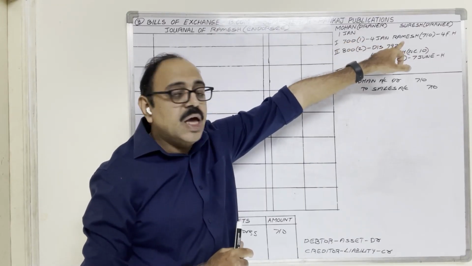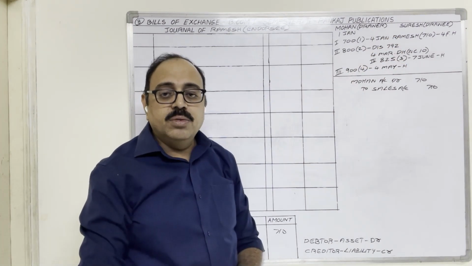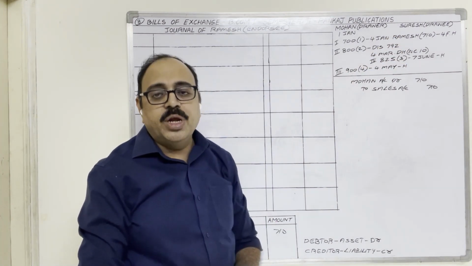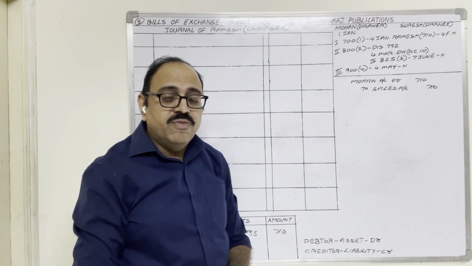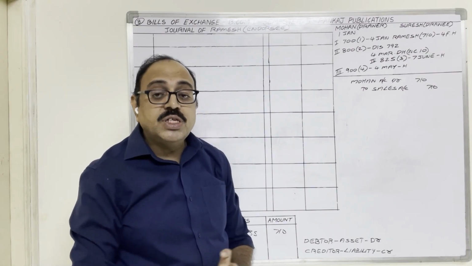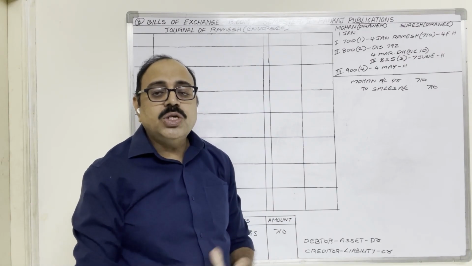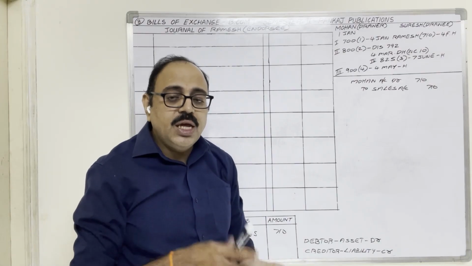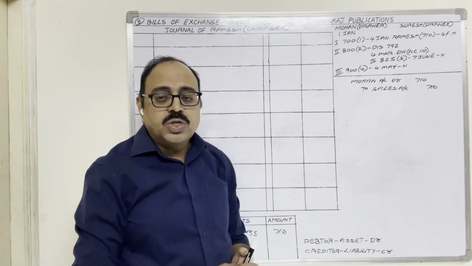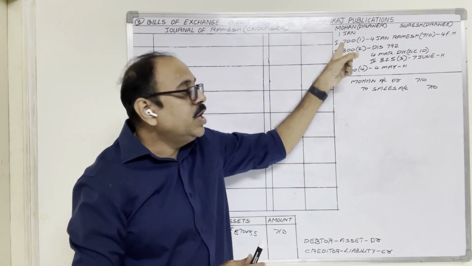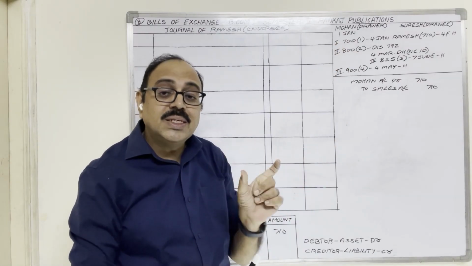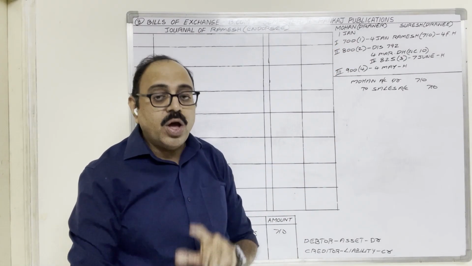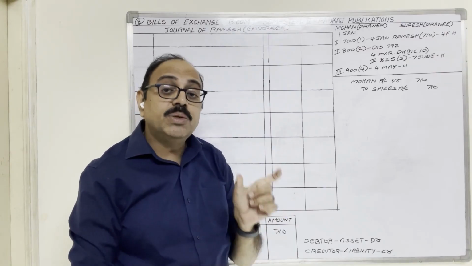For drawee, a bill is always bills payable because in future he has to pay the money. For NRC, a bill is always bills receivable because on that bill in future he receives money from drawee. So in NRC's books, in drawer books, we have to use bills receivable word. In drawee's books, we have to write bills payable word.